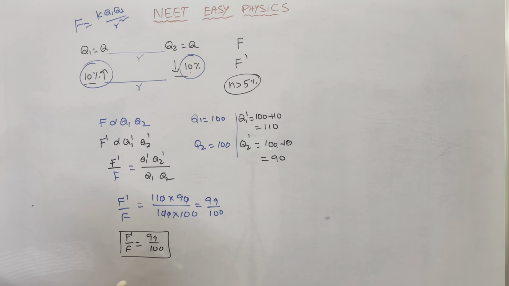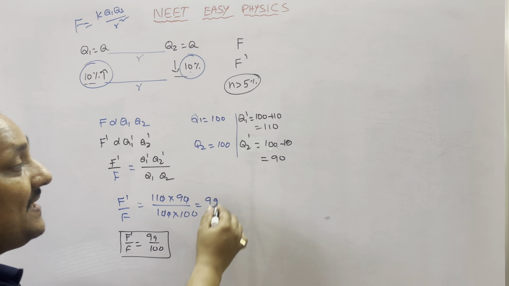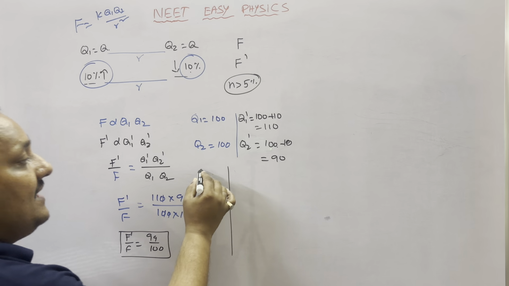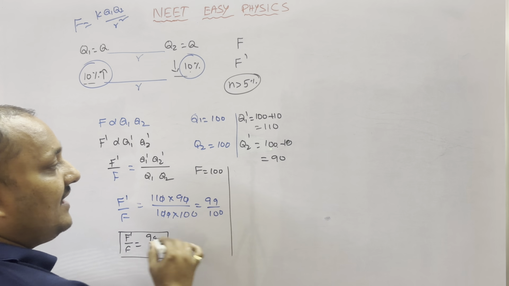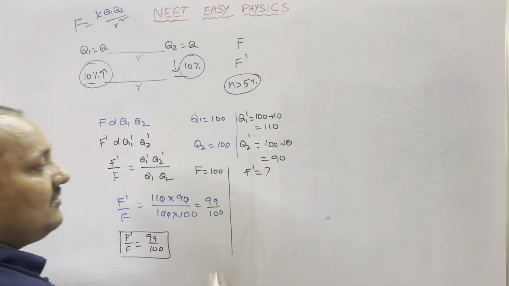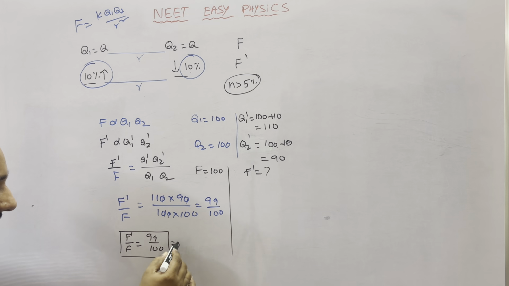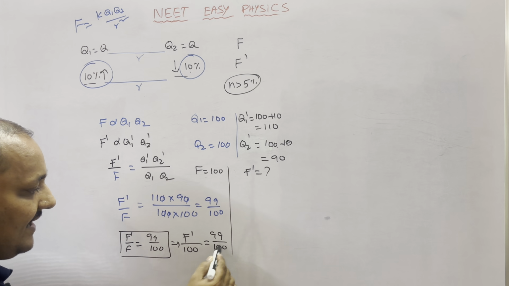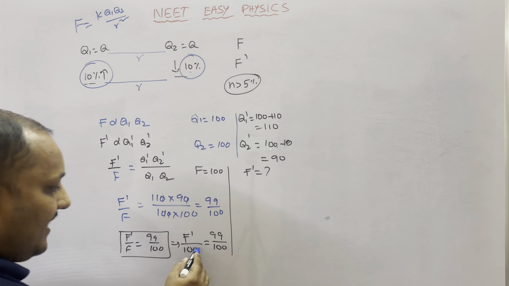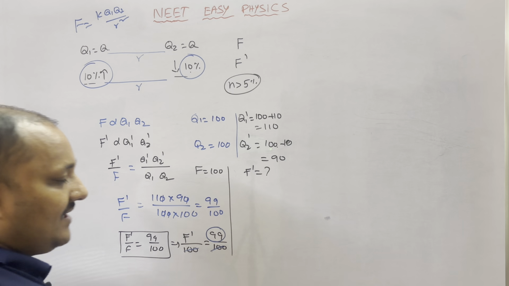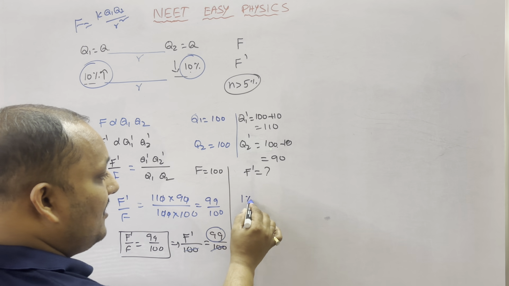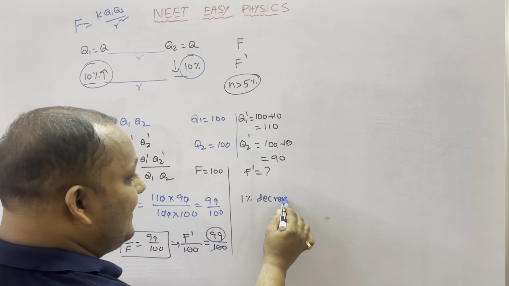Let us assume they are giving the answer in percentages, like 2%, 1%, remain same. Like that, if they give it that way, at that time the initial force also you have to take as 100. Final force we have to calculate. Initial force 100 in this means F dash by 100 equals 99 by 100. So if 100 cancels, the final force you got is 99. 99 means the final force decreases by 1%.